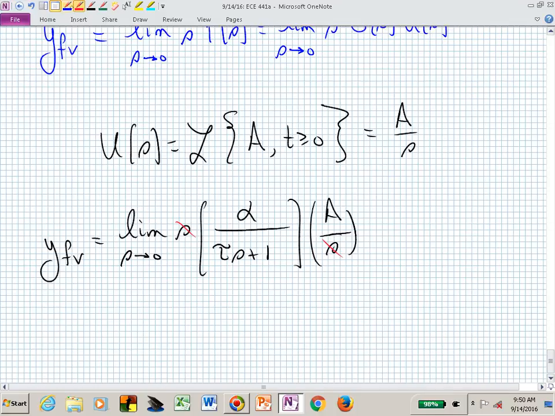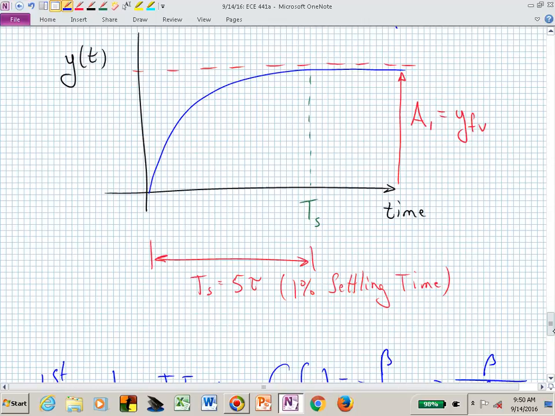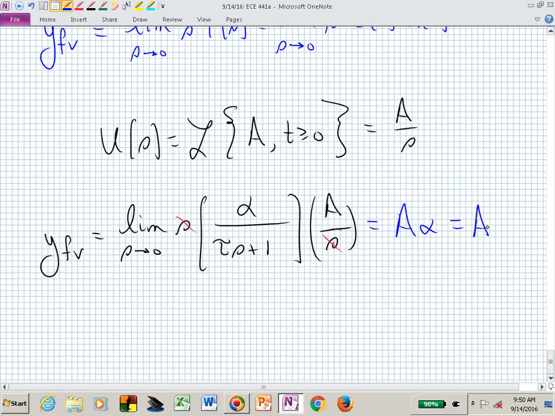If we let s go to 0, what do we have in the denominator? That's the only location where we have an s. Our denominator is well behaved, it's 1, and we now have A alpha, but what was that equal to in our picture? A1. Now do you see that we could compute alpha? We now have one of the pieces to our puzzle of this first order system, and we'll pick up with solving that jigsaw puzzle on Friday.